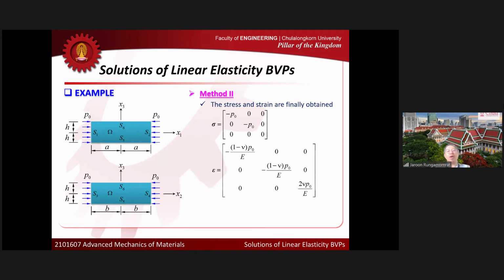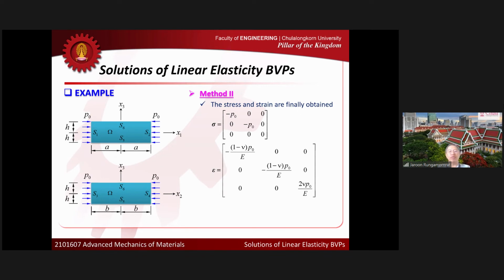But I try to show you the two different guessing strategies, and once you guess the different field quantities, we have different ways to check or to confirm that the field that we guess is a solution of the problem. What happens if we cannot satisfy some condition or all conditions?